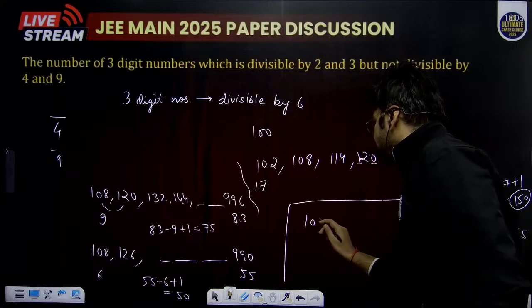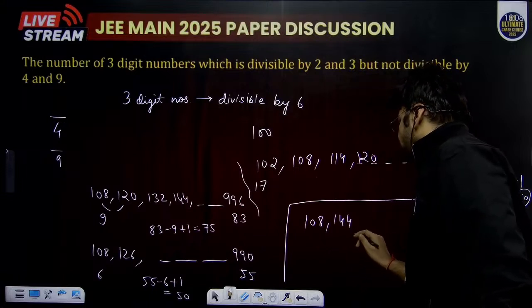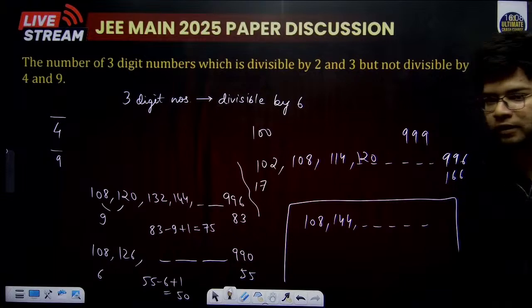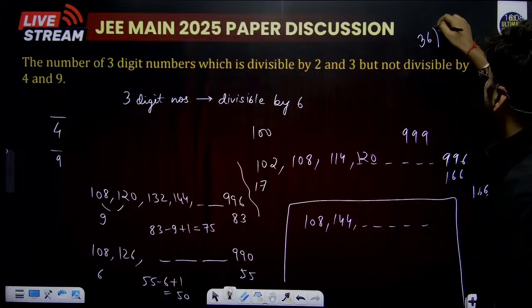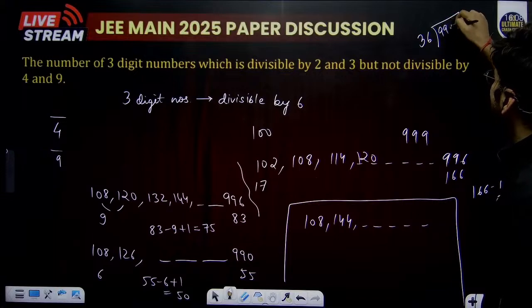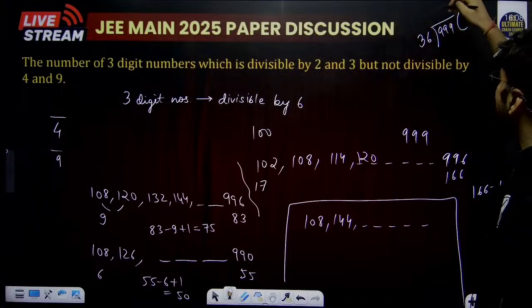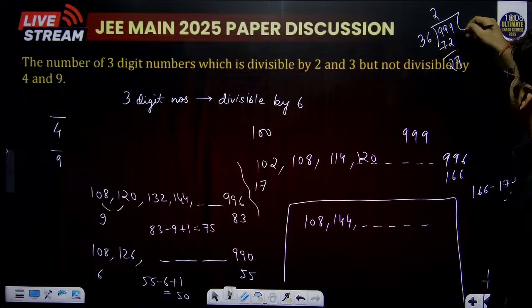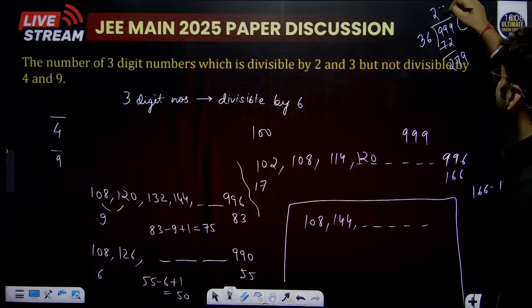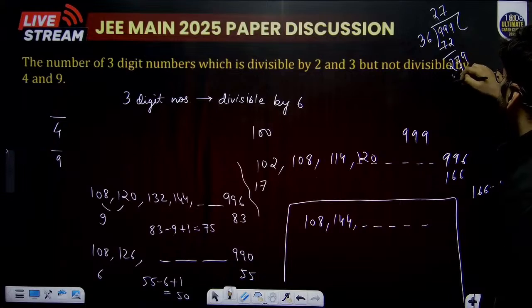So 108, 144 and so on. Now 36 divided into 999 will leave you the remainder. 36 2s are 72, 27. 36 7s are 252. So that means 27 is the remainder.